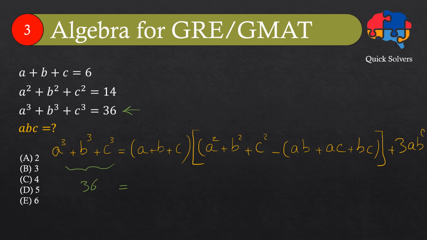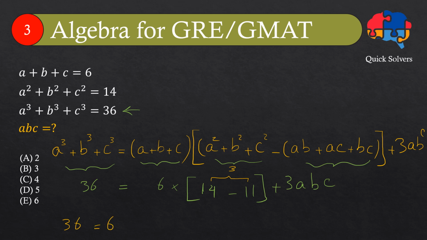This part equals 6. So 6 times this part, which equals 14, and this we already solved, equals 11. Then we have 3 times a times b times c. And we know that this part equals 3. So it's basically saying that 36 equals 6 times 3 plus 3 times a times b times c.